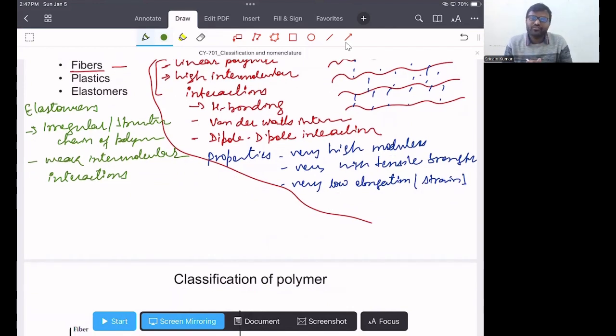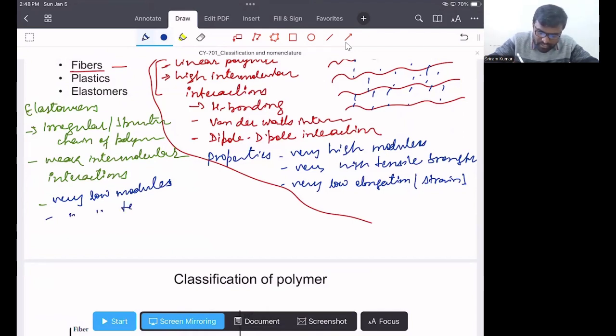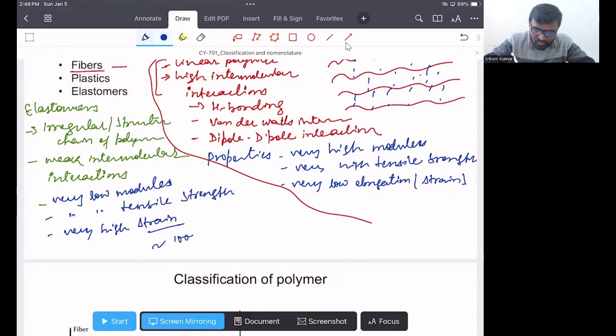Because of the weak intermolecular interactions, this kind of polymer has very low modulus and very low tensile strength, but very high elongation. Some elastomers can have elongations close to 1000%, and maybe some even close to thousands of percent increase in elongation.